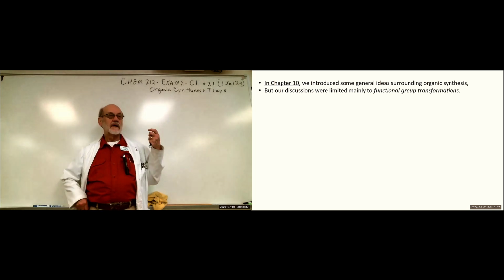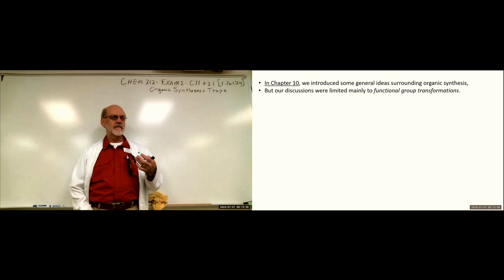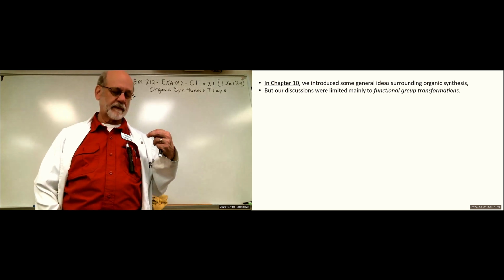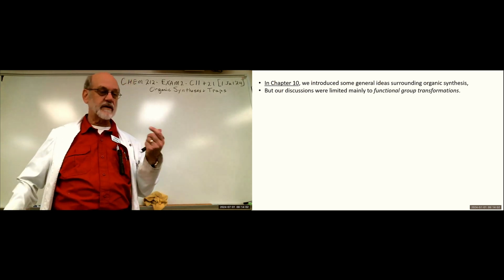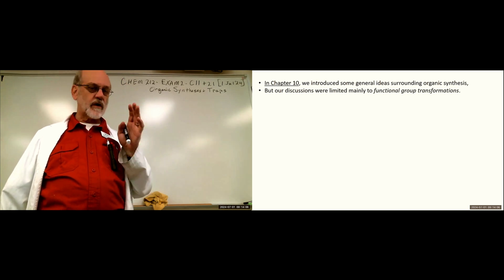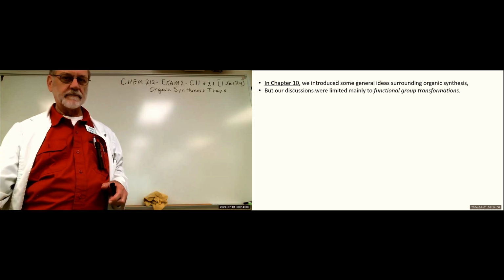Actually, if you're going to extend the carbon chain or the carbon skeleton of a molecule, you have to have functional groups, because the alkyl groups aren't that reactive. You have to make them either electron rich or electron poor. And typically that means starting with something that's got a functional group on it.